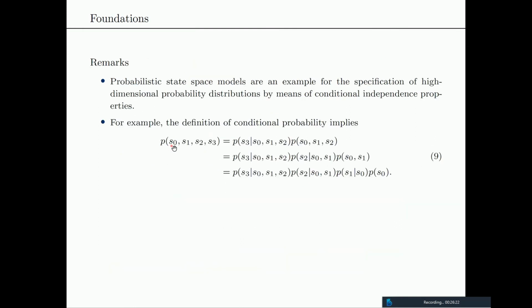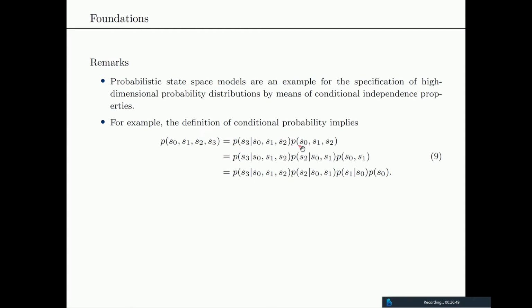So if you think of a joint distribution of 4 random variables here, S0 to S3, then in terms of conditional probability, you can rewrite this joint distribution by first conditioning on S0 to S2, and then rewrite it in this product.